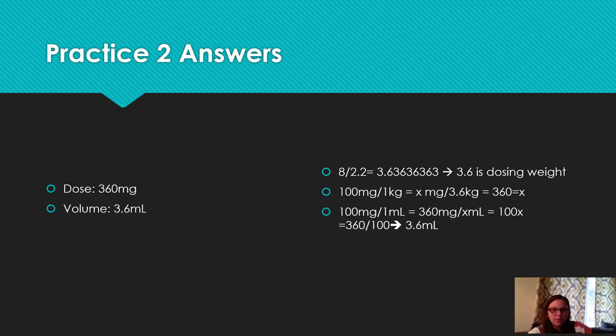So when we're thinking about our volume, we've got 100 mg per 1 milliliter vial, which is equal to 360 milligrams over X amount of milliliters, gives you 100x equals 360, so divide that by 100, and you're going to get 3.6 mLs.